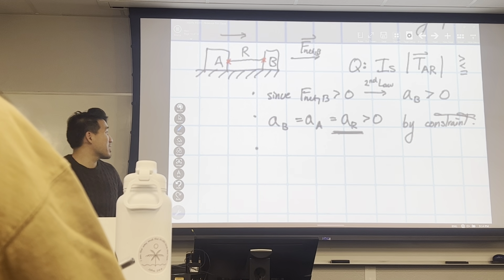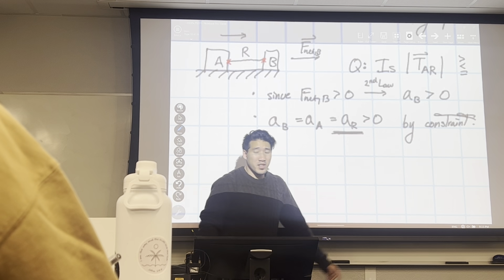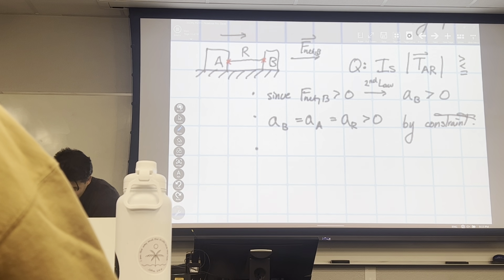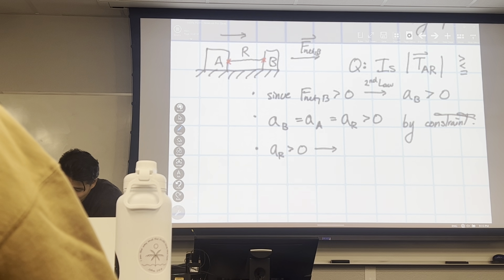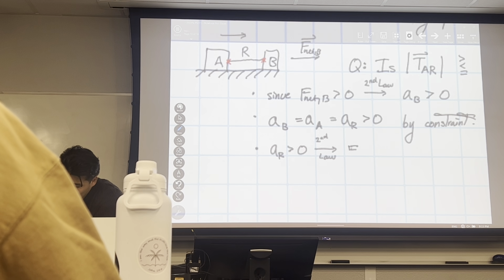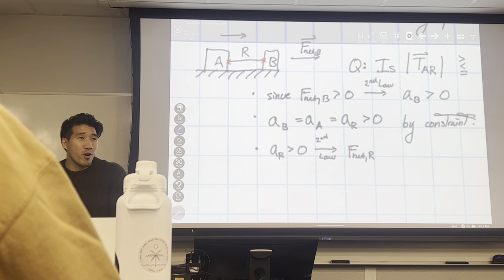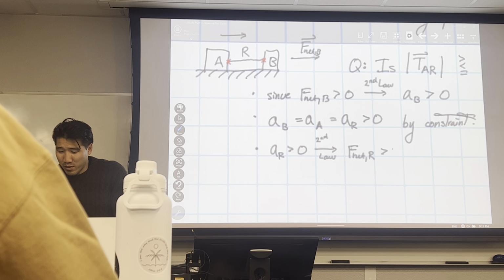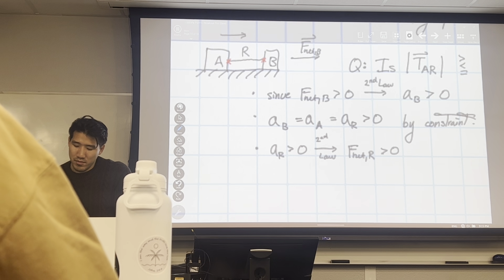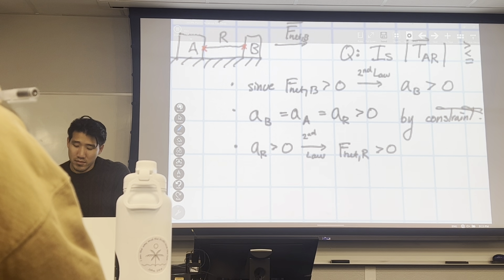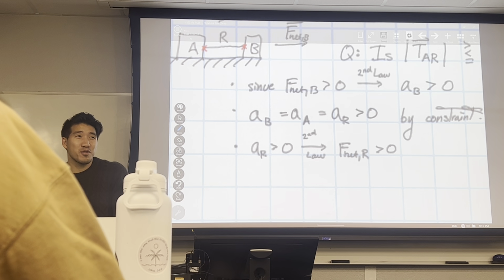Now, notice here, the acceleration of the rope is greater than 0. If this is true, then from Newton's second law, we know that the net force on the rope has to be greater than 0. Everyone follows so far?